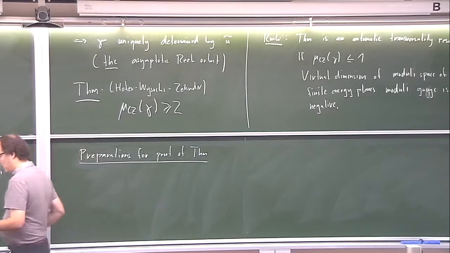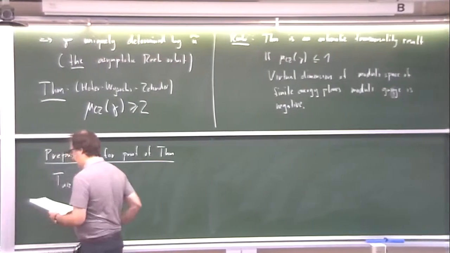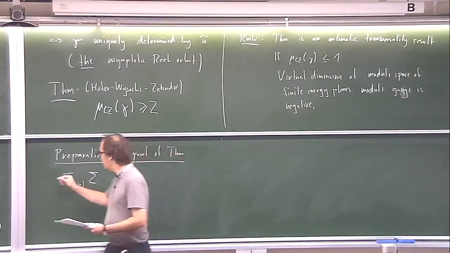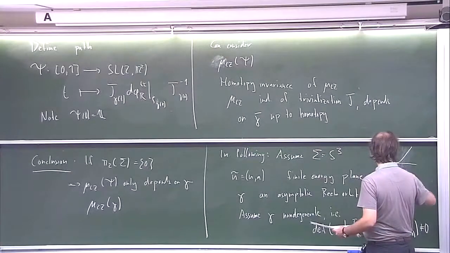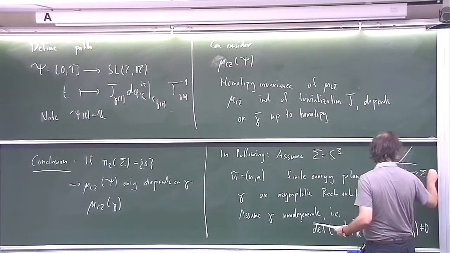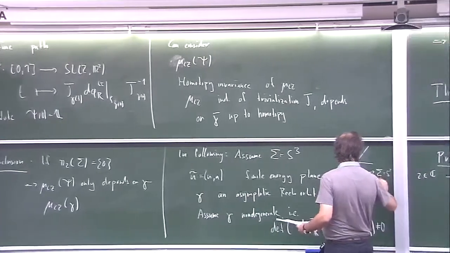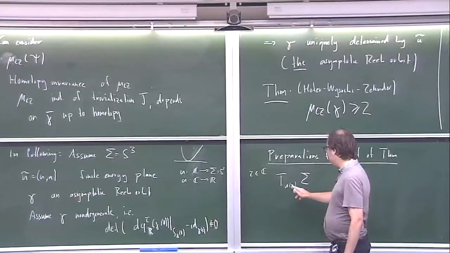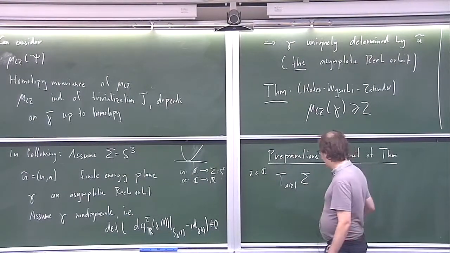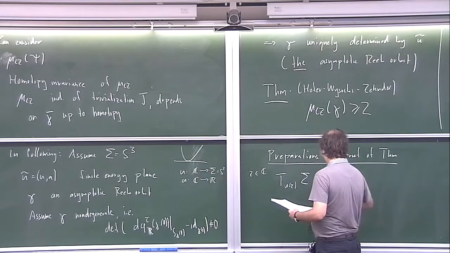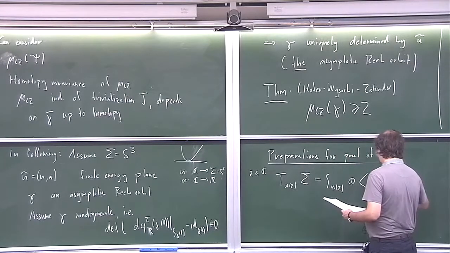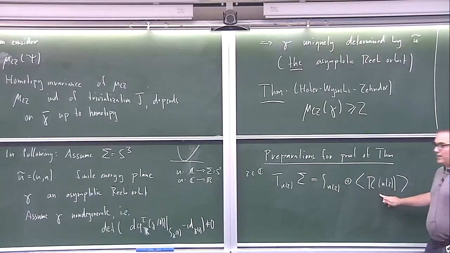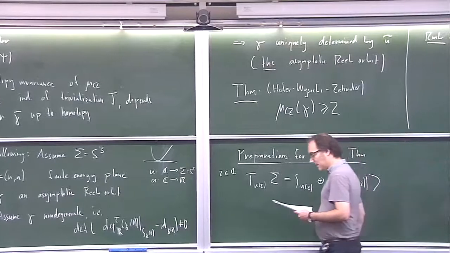Because of this hyperplane distribution, we have a splitting. So U is a map from C to sigma 3, and A is a map from C to R. If I have z in C, then the tangent space of our contact manifold splits into the hyperplane distribution plus the one-dimensional space spanned by the Reeb vector field.